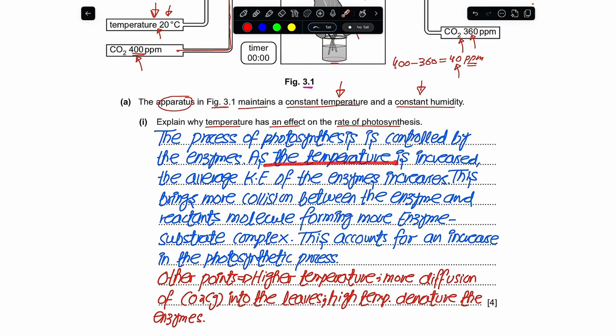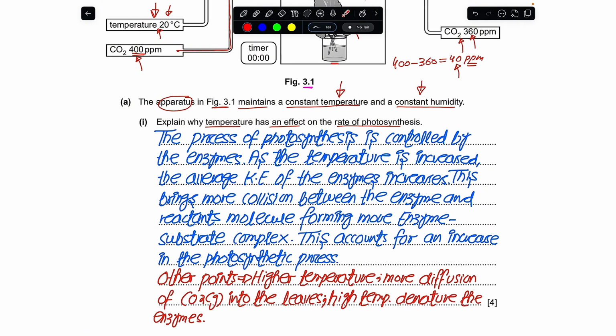As we increase the temperature, the kinetic energy of the enzyme increases and that of the substrate also increases. That brings about more collisions between the enzyme and the reactant molecules, which leads toward more enzyme-substrate complex formation. As a result, we would see an increase in the photosynthetic process. Here you would score 4 marks. I have written 4 points for the explanation.